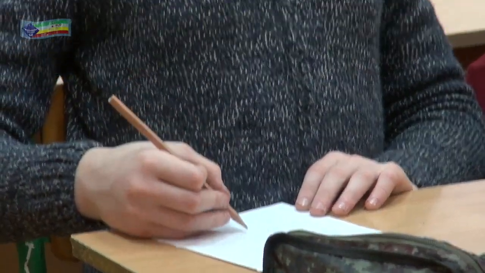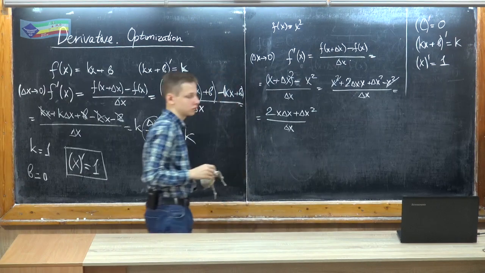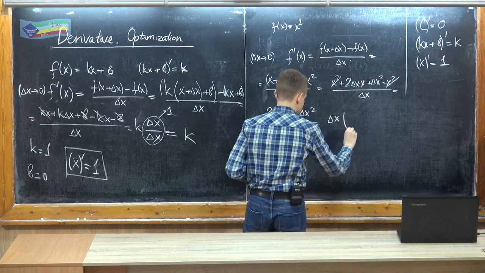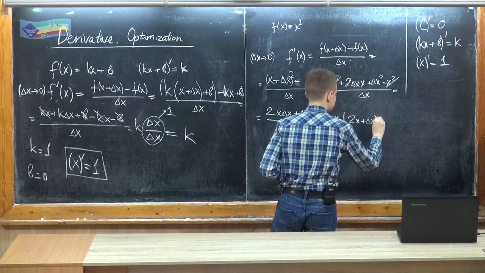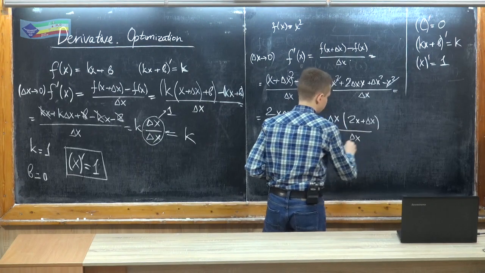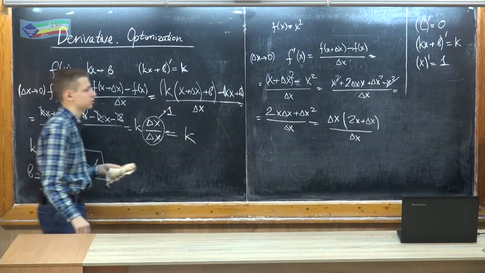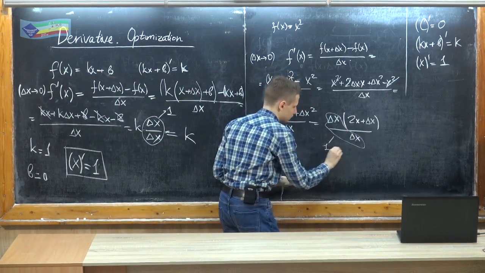Now delta x is a common denominator, and again delta x divided by delta x is equal to 1.